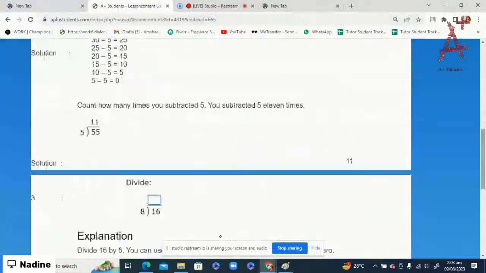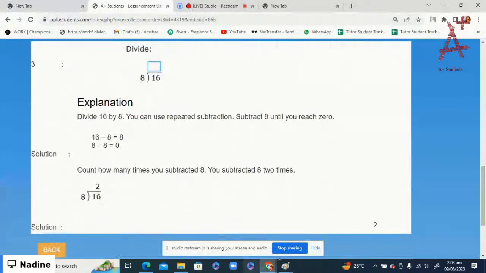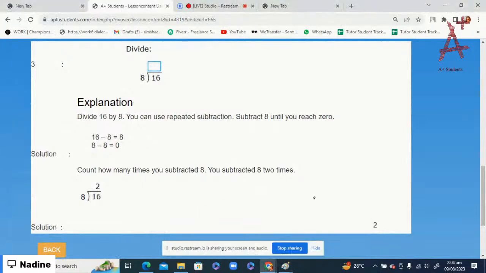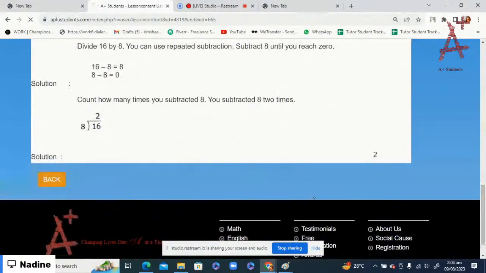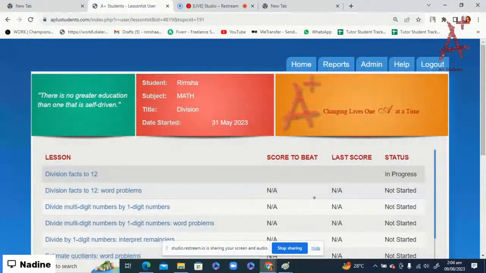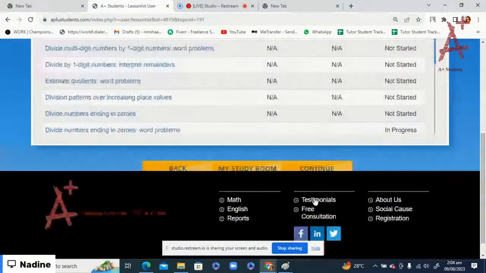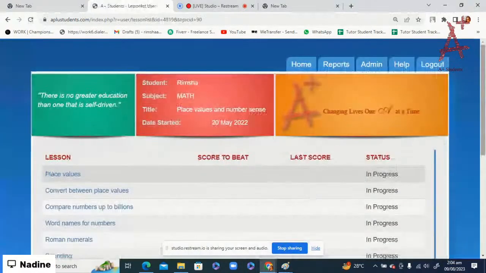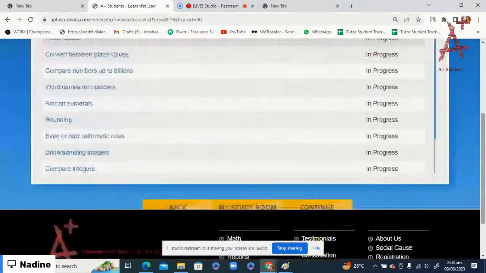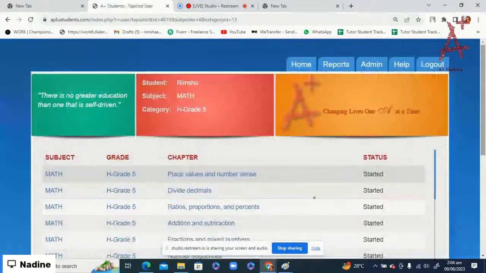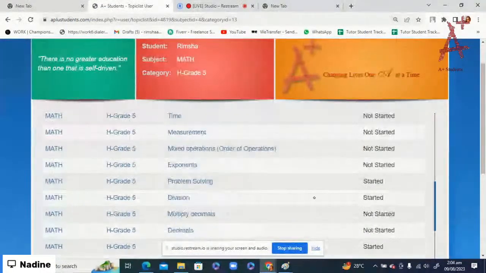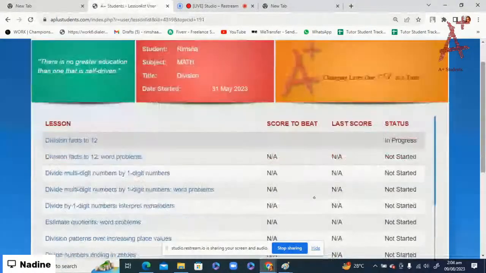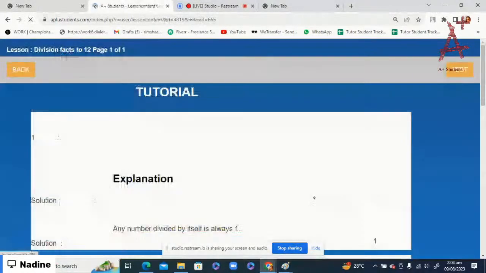Let's do the next question. 8 divided over 16. Okay, let's start with 8 divided over 16. You guys tell me what's the answer when you divide 16 by 8. Okay, solve it.